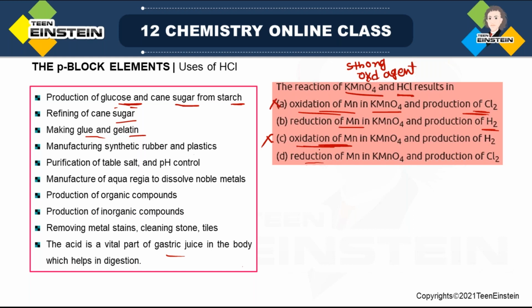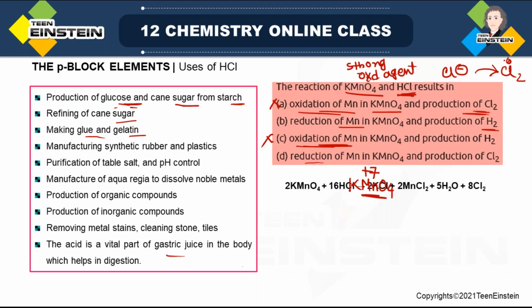These two are not possible. It must be reduction of Mn. In KMnO4, the oxidation state of manganese is +7. If it is reduced, then in HCl, which contains Cl minus, the Cl minus will be oxidized to chlorine, that is 0 oxidation state. So production of chlorine should be the correct one, not production of H2.